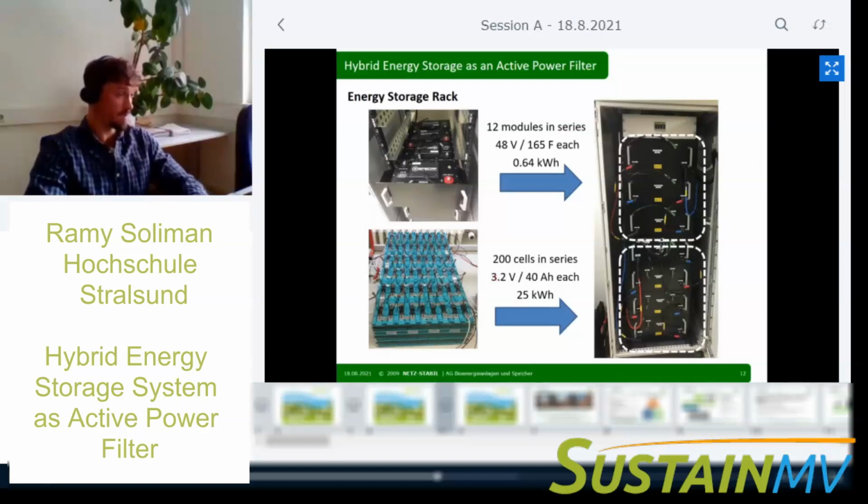Each cell, you can see here, is 3.2 volts and 40 amp hours, which makes in total 25 kilowatt hours. So here you can see the difference in energy density, because this is almost the same space, but the difference in energy density is a factor of around 40. So this is a huge difference.